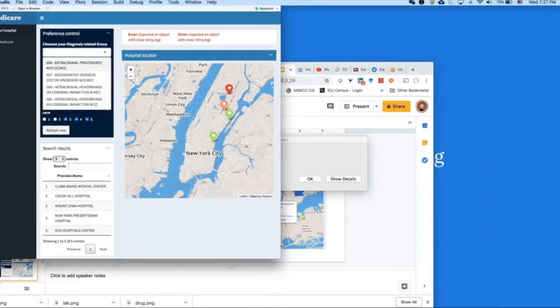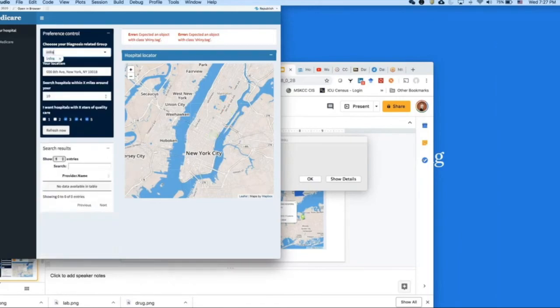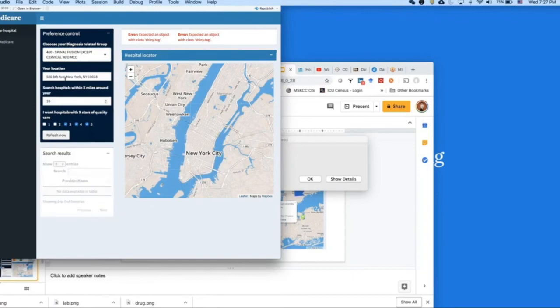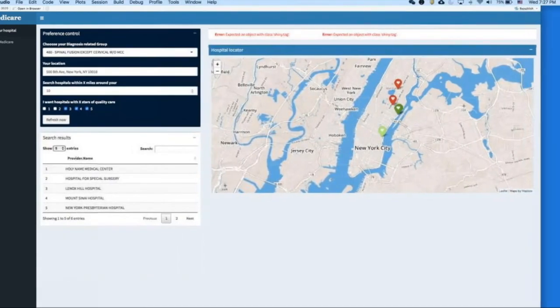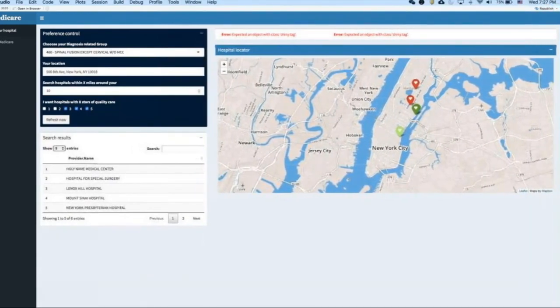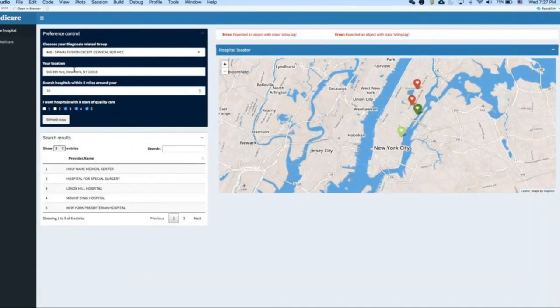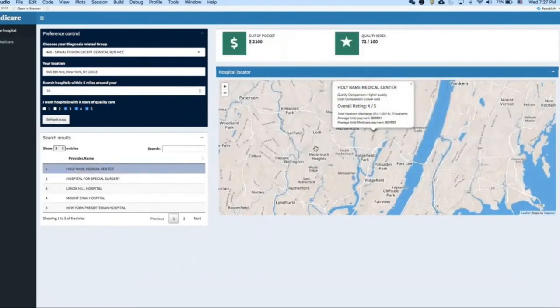Let's say I have an infection or spinal fusion problem, and I want to search right now. It will provide me all of the hospitals that are within 10 miles of my current location.